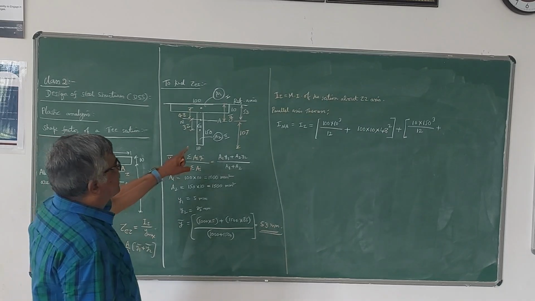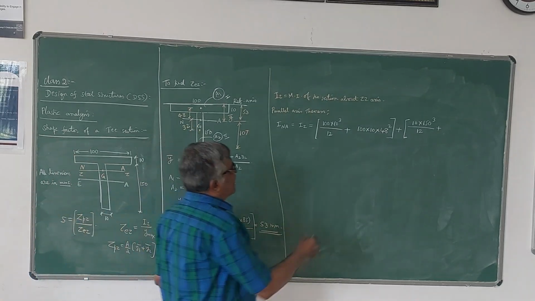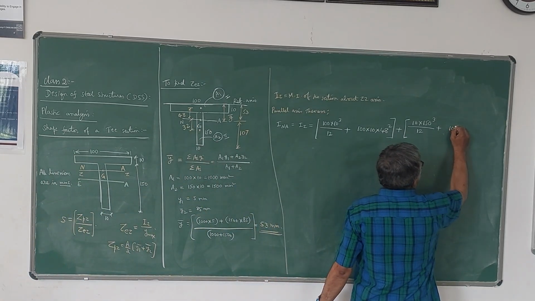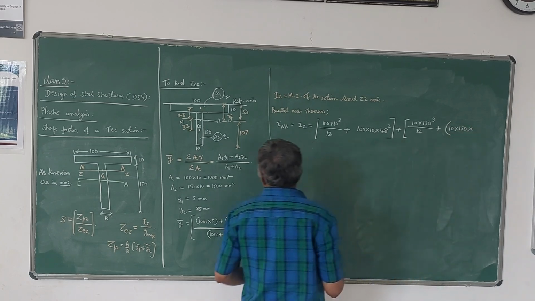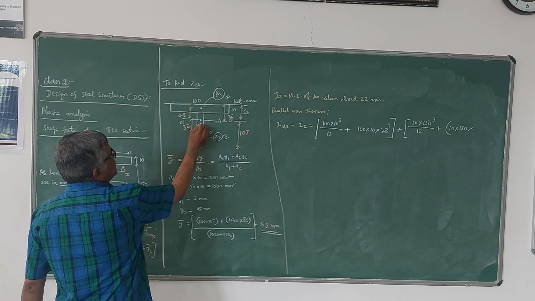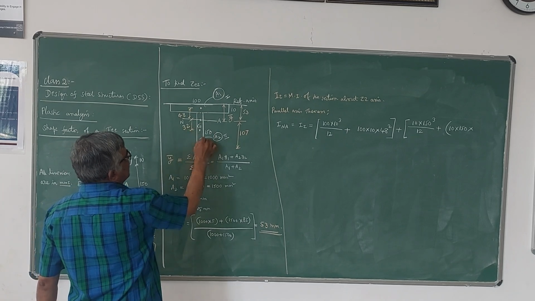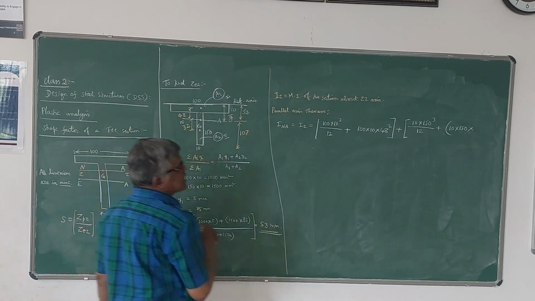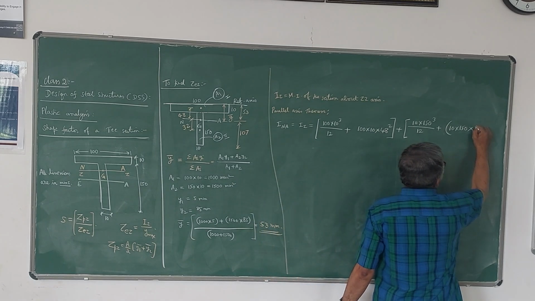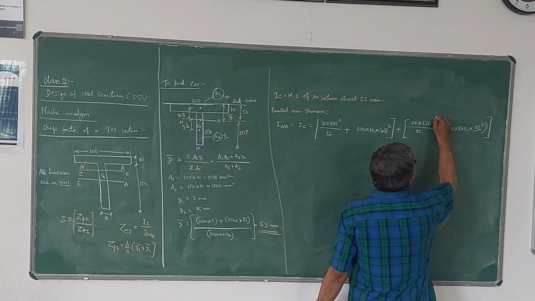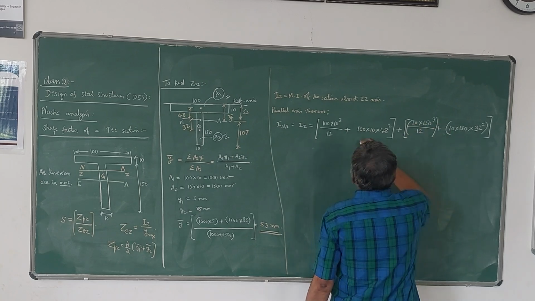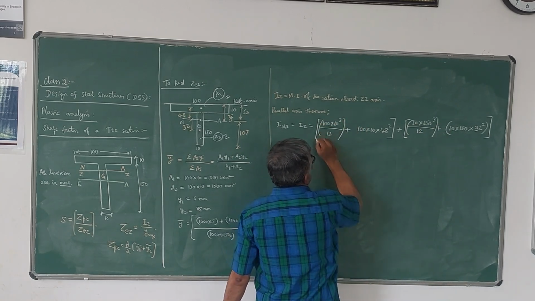Plus the area, once again 10 into 150, into distance square, which is 32. So the distance of the centroid of this from the neutral axis is 32 square. So this is the moment of inertia about the neutral axis or the ZZ axis.